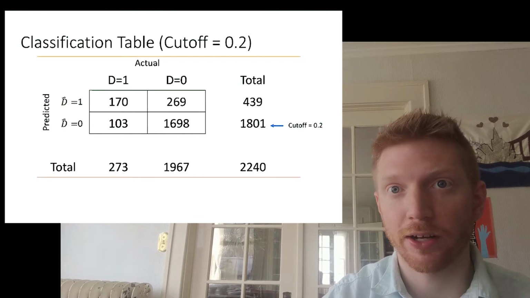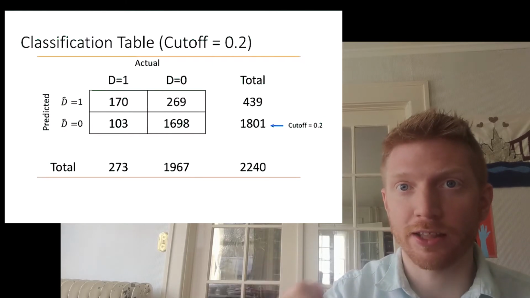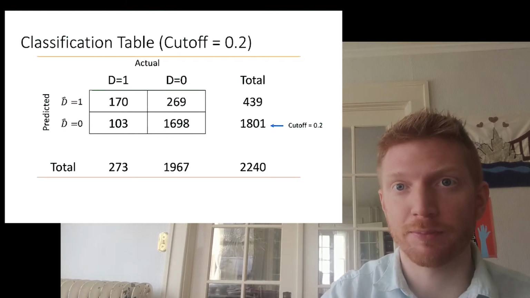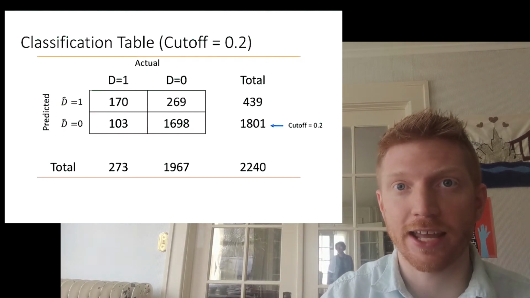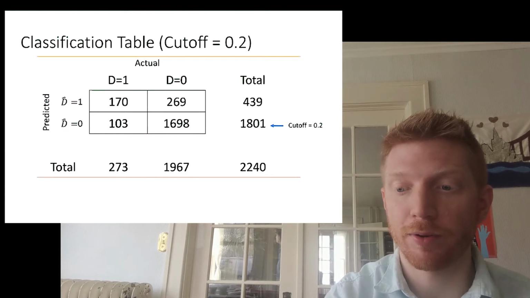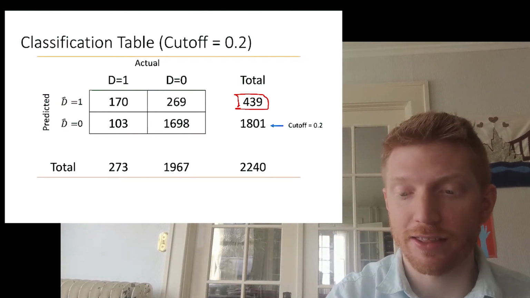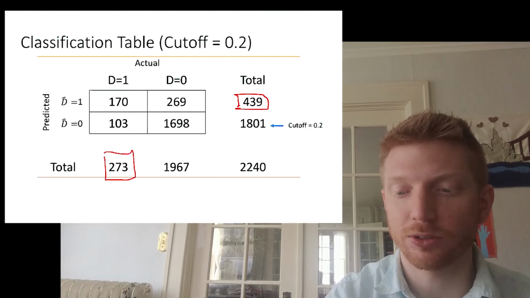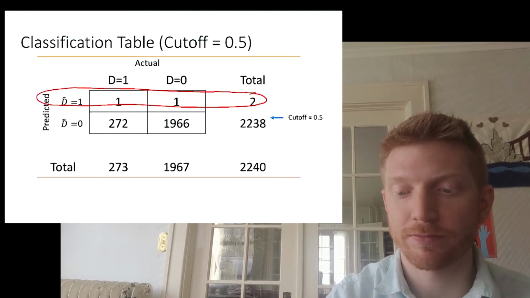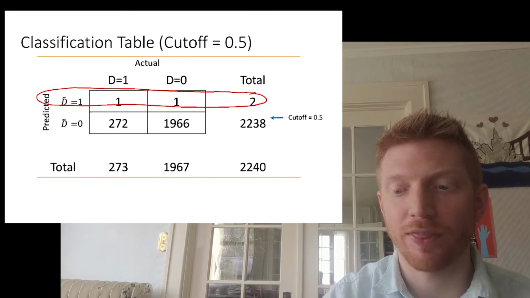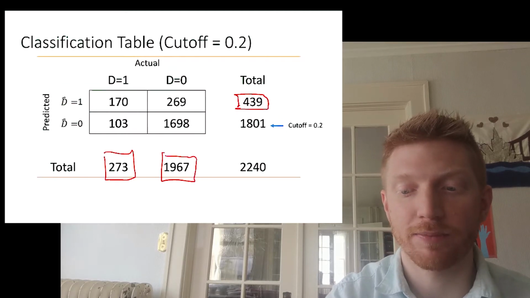If we lower the cutoff to that 20% threshold, a predicted probability of 20% or more gets classified as a denial. The number that we predict will be denied obviously increases. Now what I do want you to notice is that these numbers, the actuals, are not changing. It's 273 and 1967.